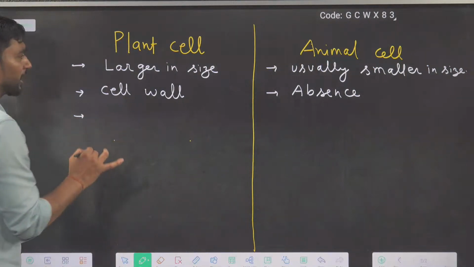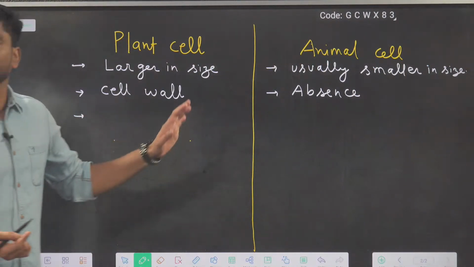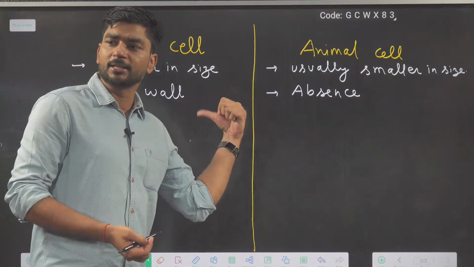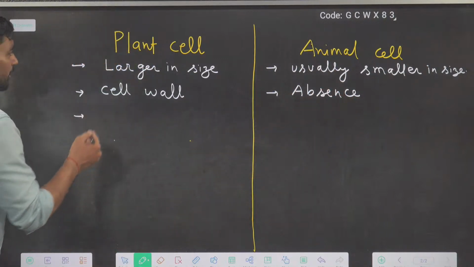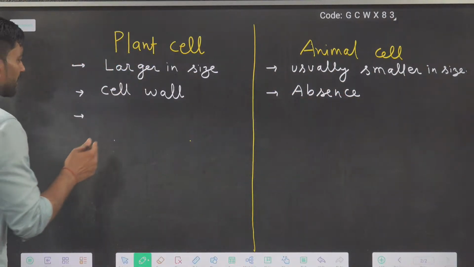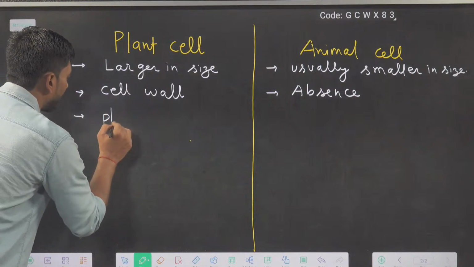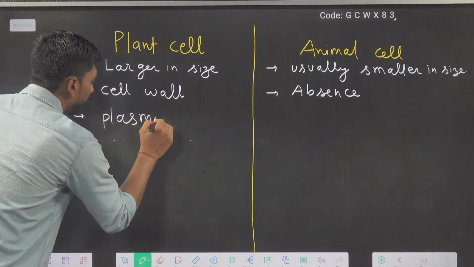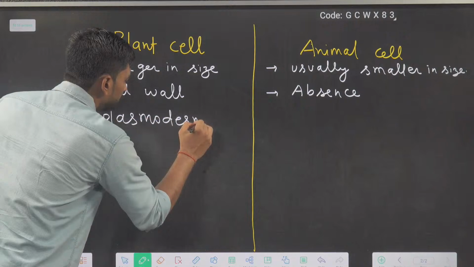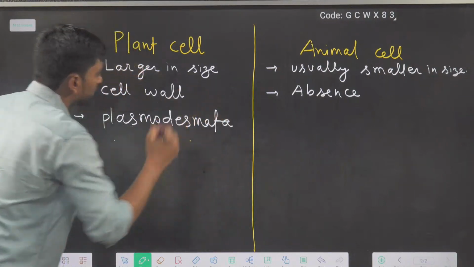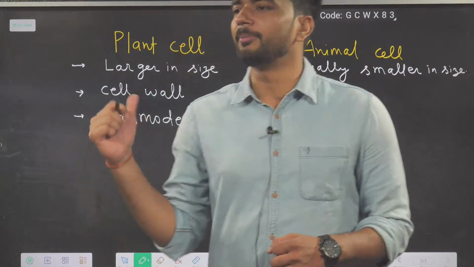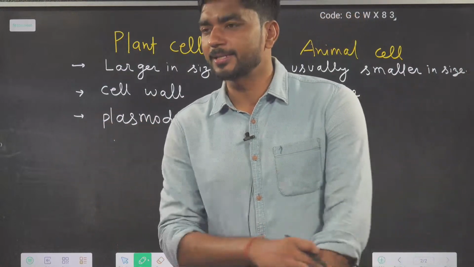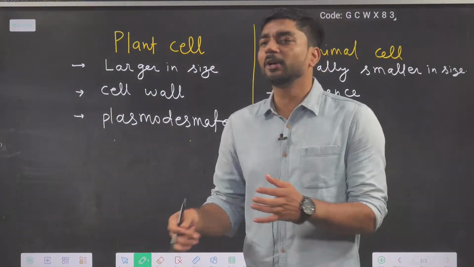After that, we'll move to the next one, that is, if we are talking about the cell organelles. Cell organelles means what is there in the plant cell that is not there in the animal cells. If you are talking about the plant cells, the most important structure that we can call is the plasmodesmata. I think there might be a possibility that you are familiar with the word plasmodesmata.